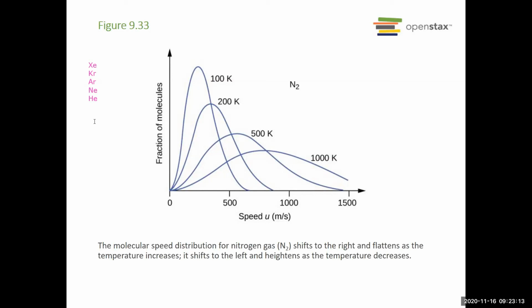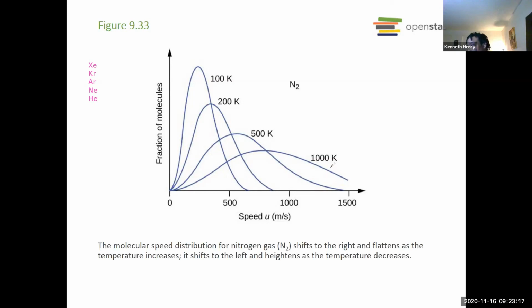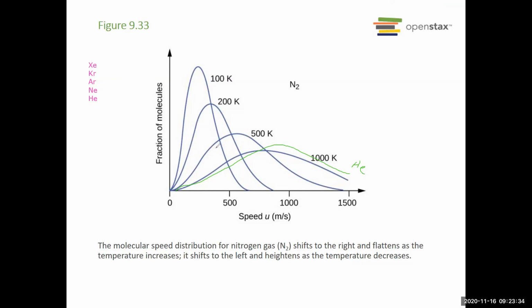Would the fastest be helium? Okay. So you're saying this curve right here. Okay, helium. Okay, so who's going to be the next? Mauricio. We'll pass it on to Mauricio.